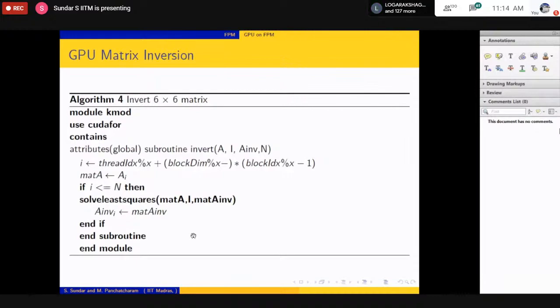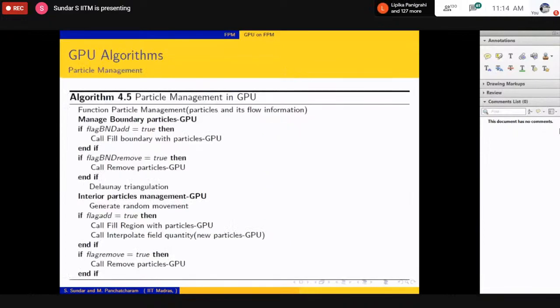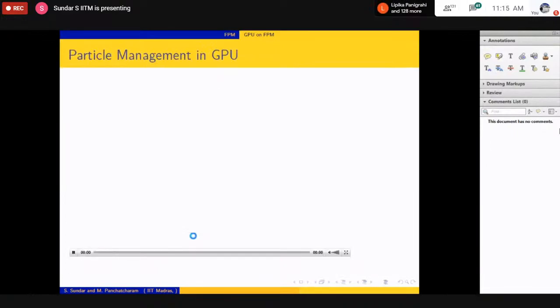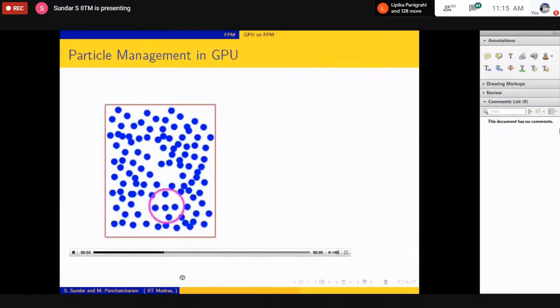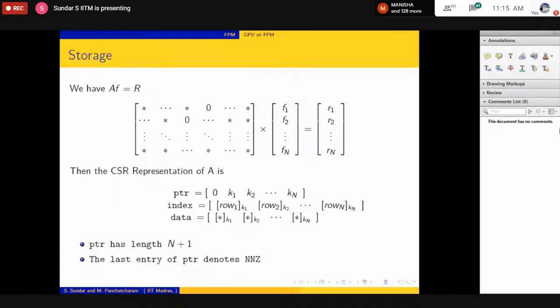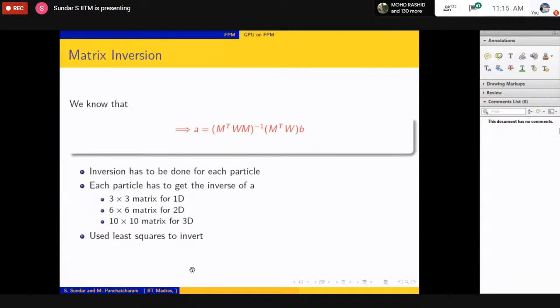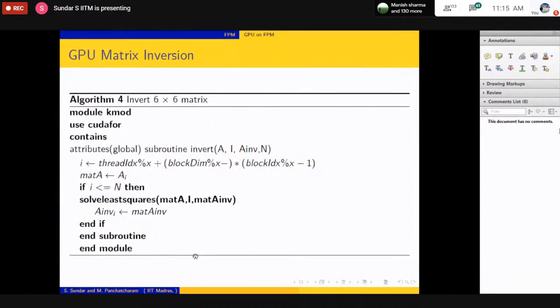Then I also have a BiCG step, which will come. So particle management, this is the storage, this is the CSR kernel, then matrix inversion, which I have to do. Then I am doing the GPU algorithm here.